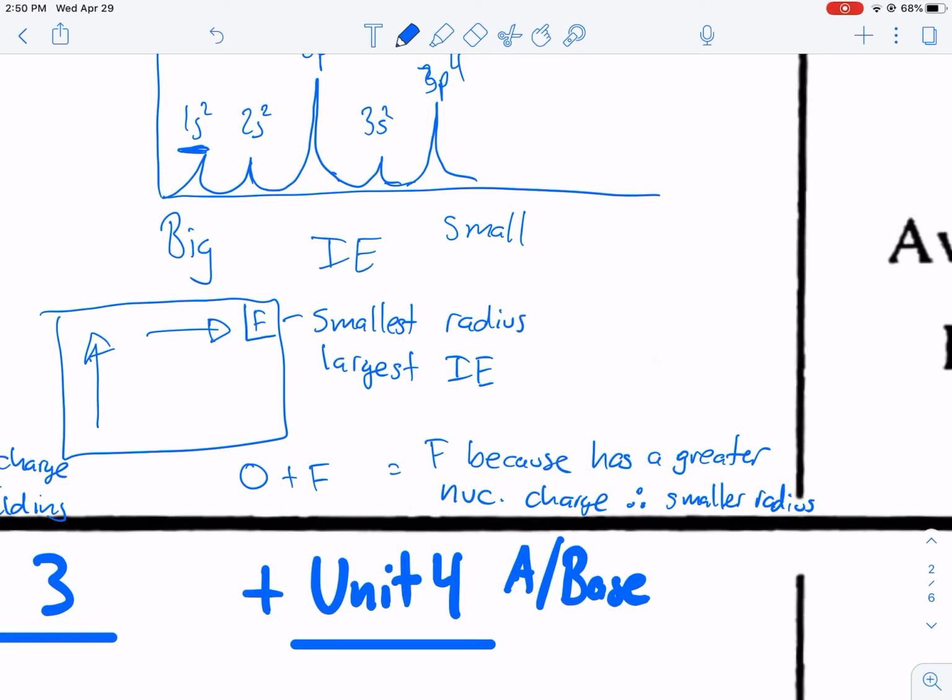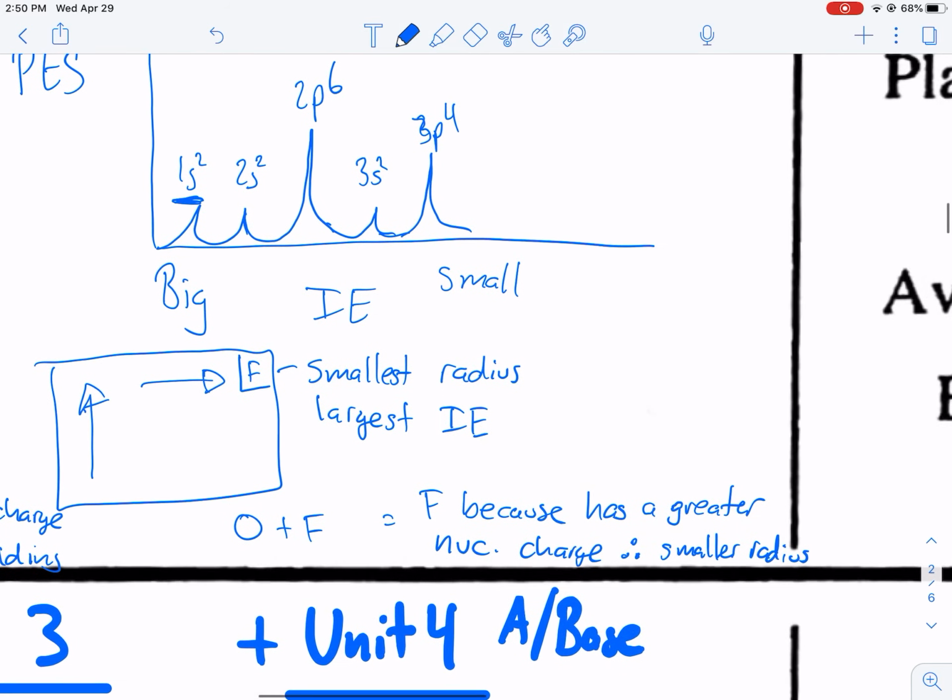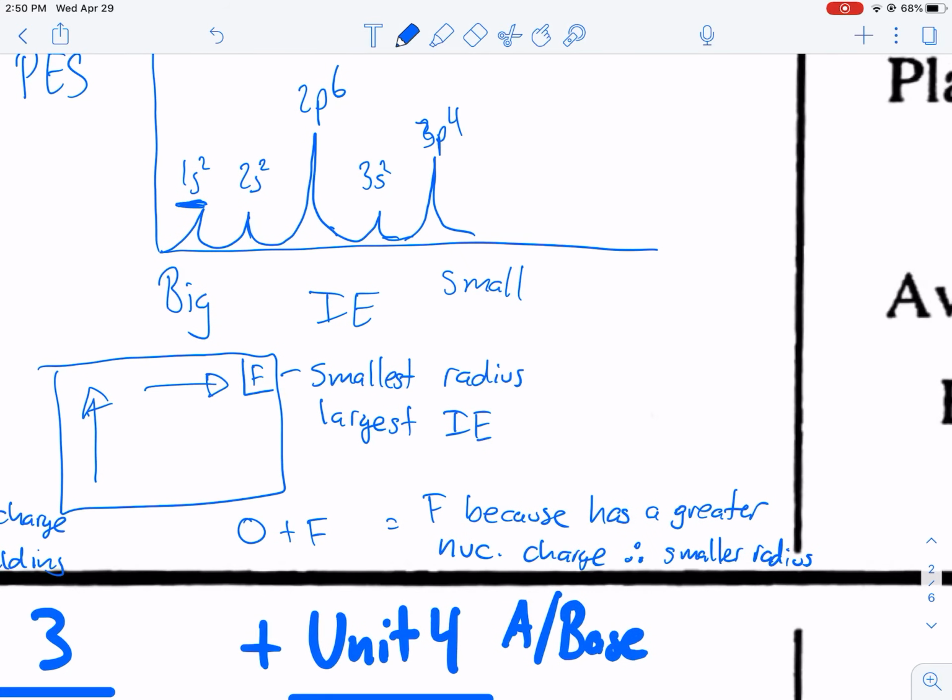Then I would say, oh, well, F has a larger ionization energy because of Coulomb's law, right? Coulomb says larger charges, larger ionization energies. Or, in this case, since F is smaller, Coulomb's law states it's going to have a larger ionization energy because the particles are closer together, right? So those are the types of explanations.